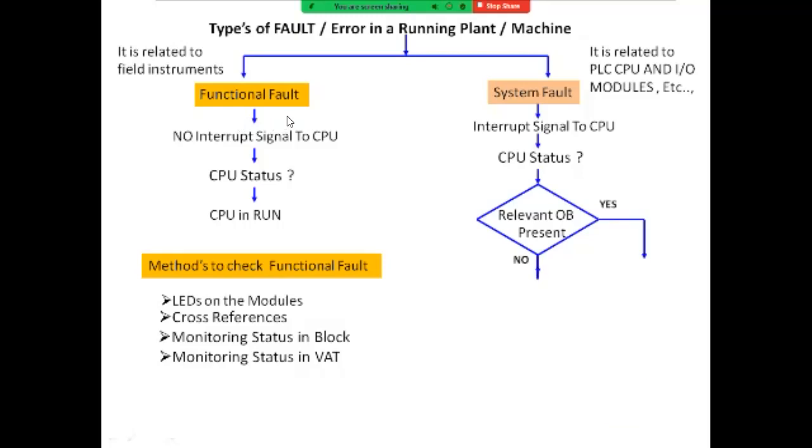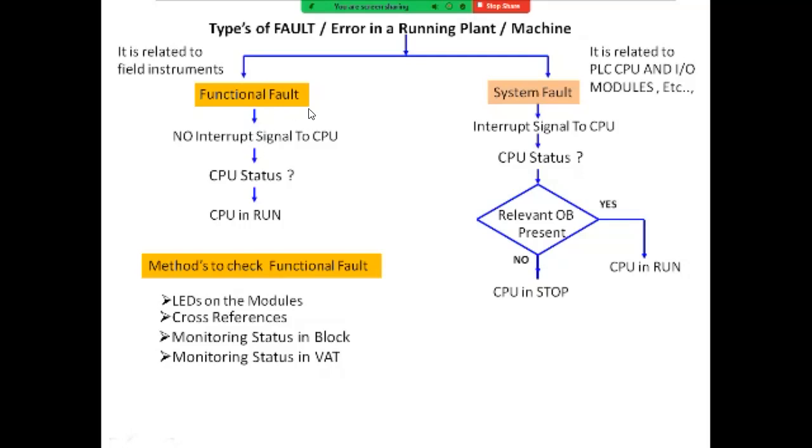I will discuss the OBs, which OBs we have to download for these particular errors, for which error you need to use which OB number. Then, if that particular OB is present, your CPU will be in run mode. If that OB is not available, if you have not downloaded that error OB, your CPU will be in stop mode.